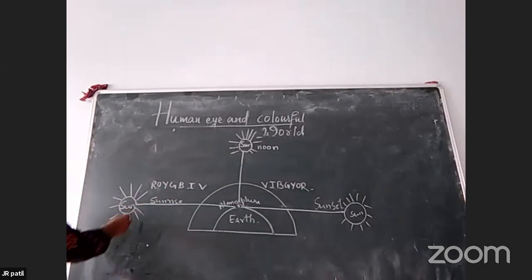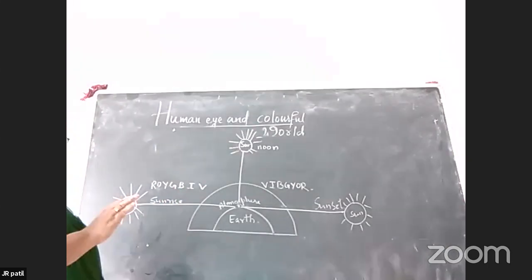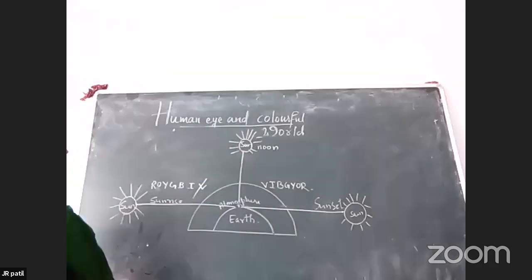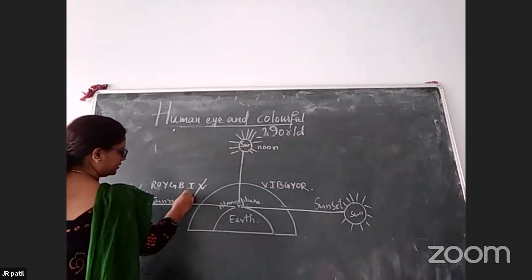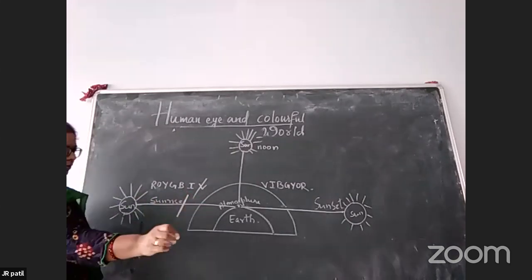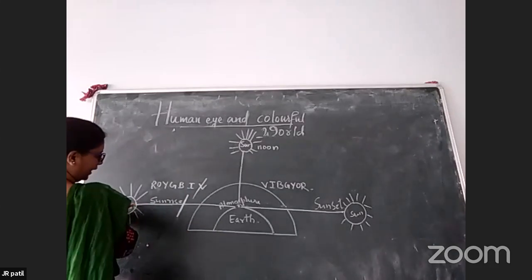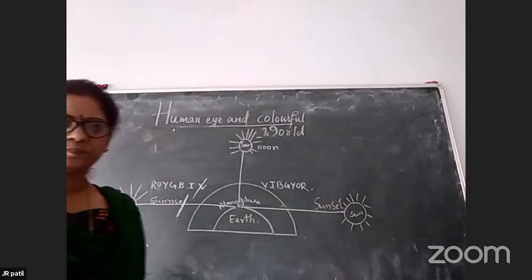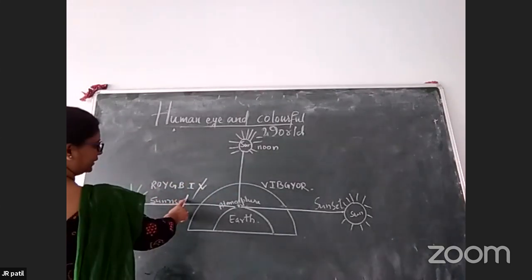The violet light will scatter and its intensity will be finished. When it reaches this position, violet light will fully scatter. So violet light reaches with intensity 0.